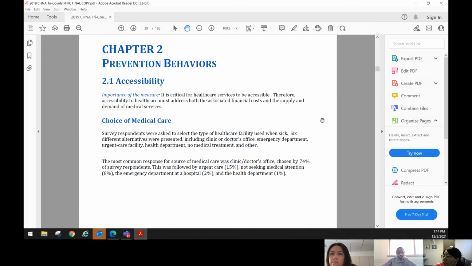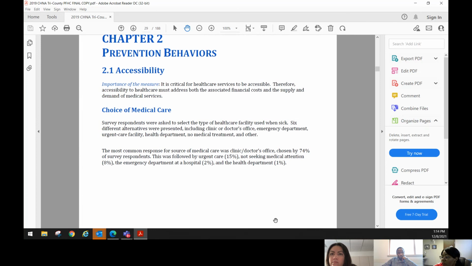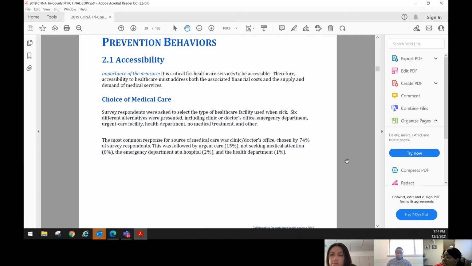so let's start here with choice of medical care, because you all are health practitioners and I'm sure you'll be working in a hospital setting. So this is the discovery on the accessibility of healthcare. A question was asked to select the type of healthcare facility used when sick.